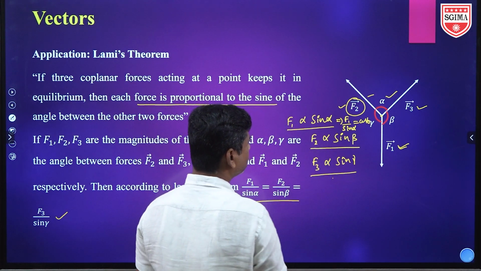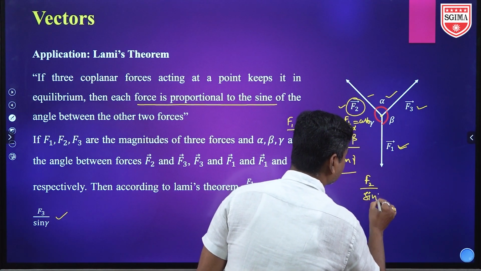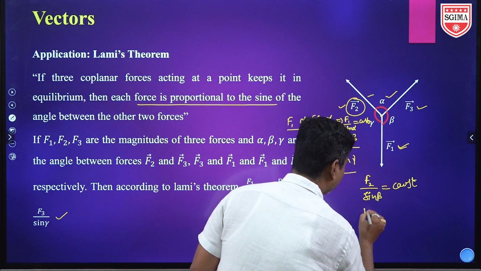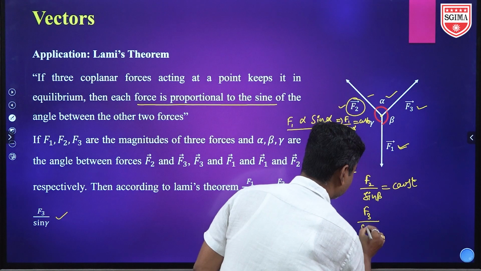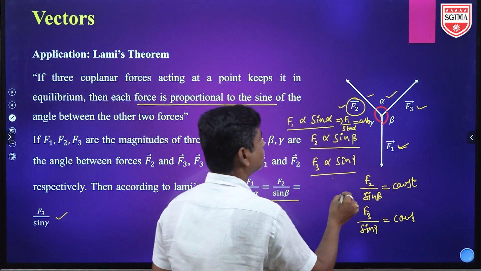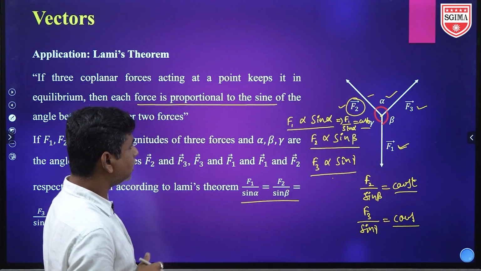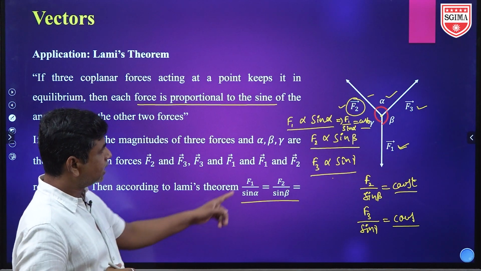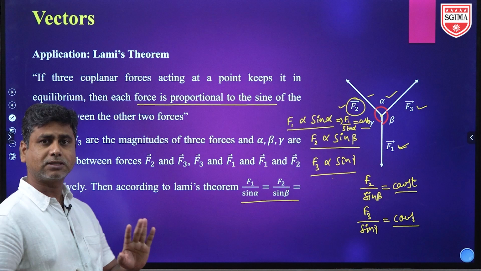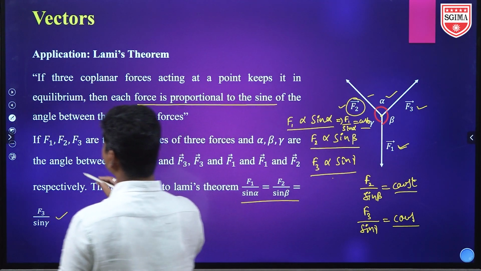These three constants are the same, so equating them we get F1 by sine alpha equal to F2 by sine beta equal to F3 by sine gamma. This is Lami's theorem.